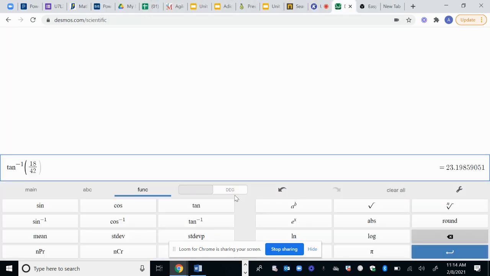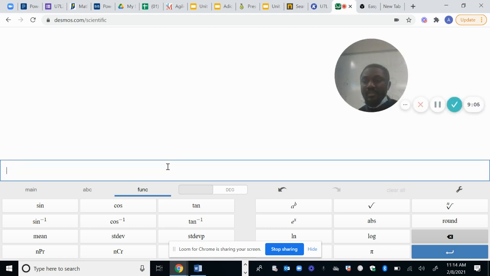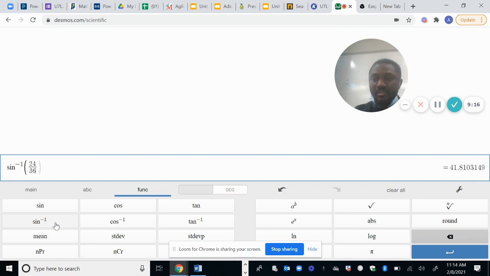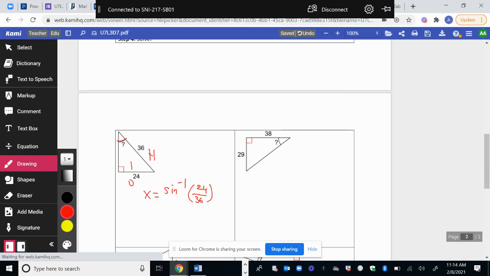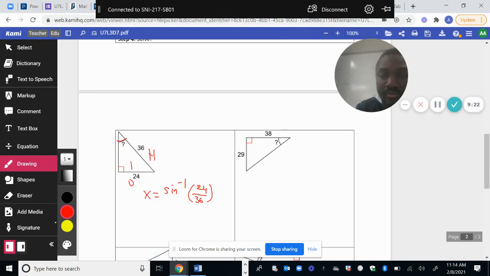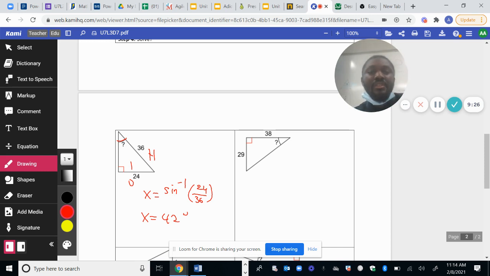You go to your Desmos calculator, sine inverse of 24 over 36 gives you 41.8. So let's say 42. So x is 42 degrees. So this angle is 42 degrees.